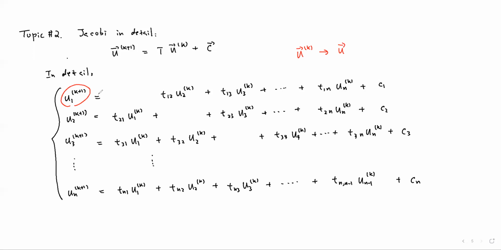From the first equation, we obtain the first component of the next iterate.